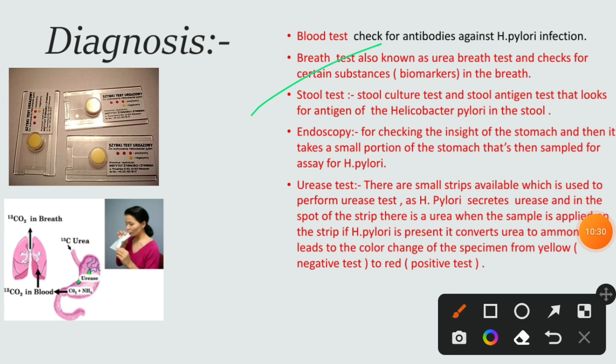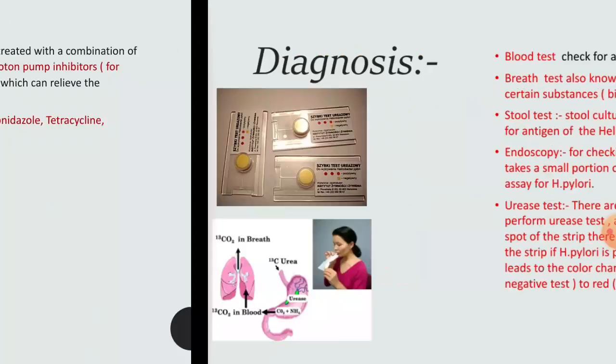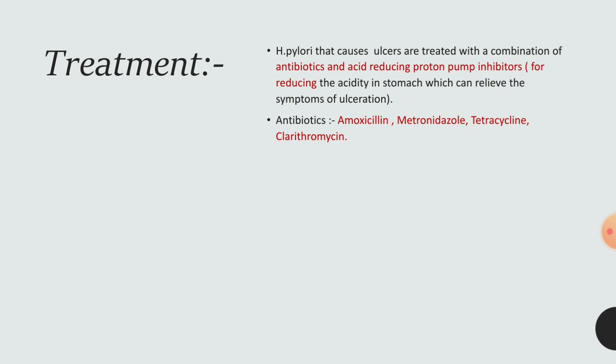This stool test will look for the antigens of Helicobacter pylori, and also endoscopy that looks inside the stomach and also takes a portion of the stomach for further assay to diagnose Helicobacter pylori. Okay, we can also take the portion of the stomach and perform the urease test. That could be helpful. Okay, so after diagnosis, the last one is the treatment.